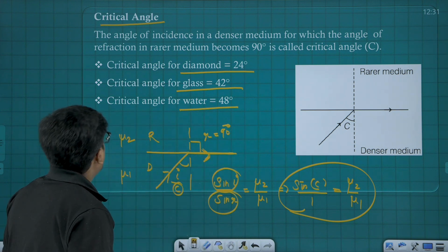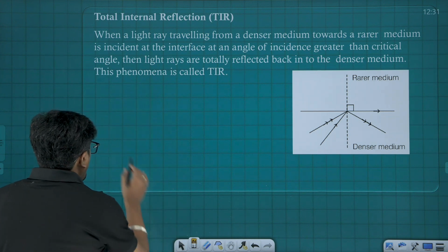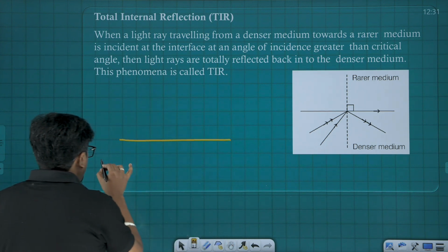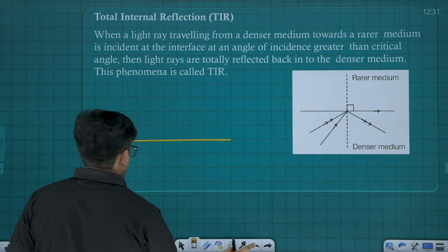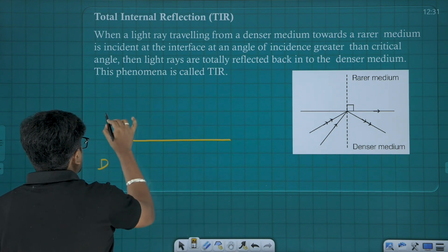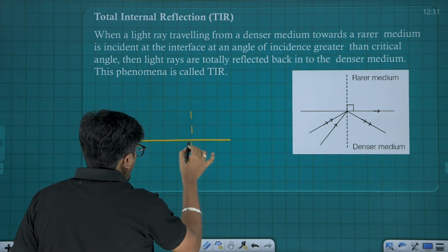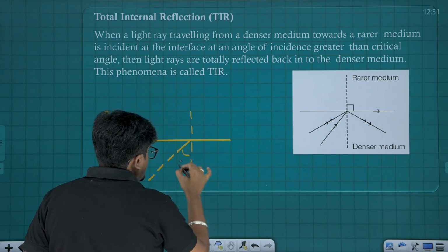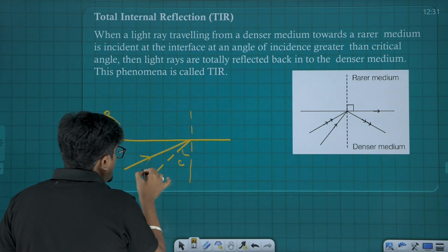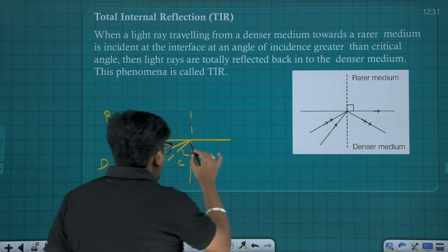All right, next is total internal reflection. Once the light travels from denser to rarer medium, and let this be the critical angle C. If I have an incident ray whose angle of incidence is greater than the critical angle, what happens?